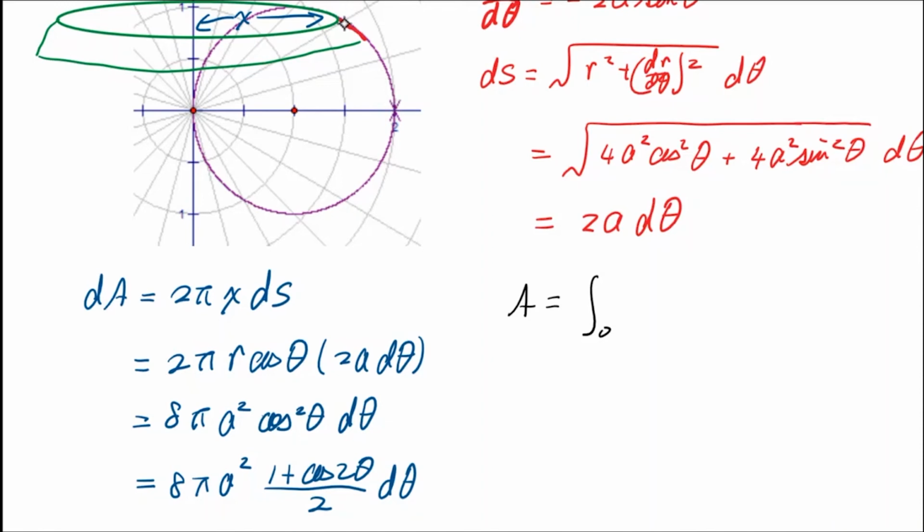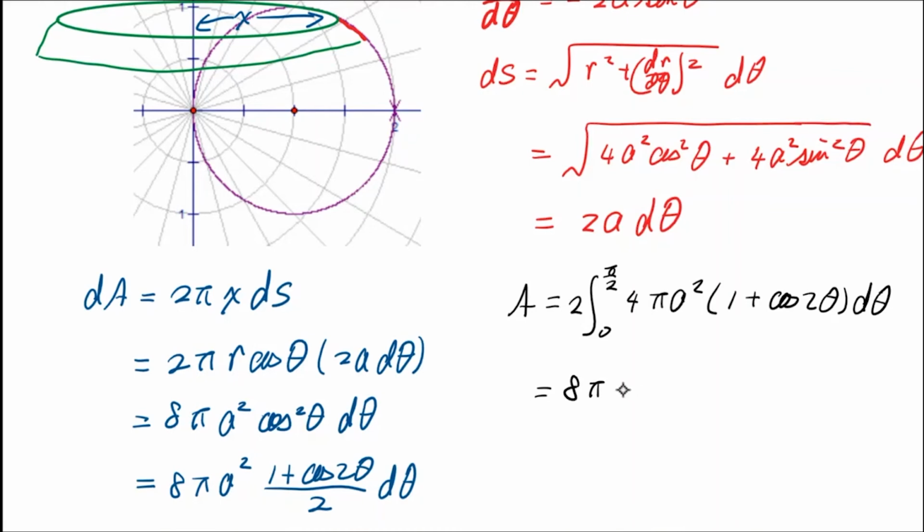At what angle does this cosine theta go into the pole? Pi over 2. Pi over 2, and then we double it, and the 2's can't cancel 8, so we'll have 4. And then we have pi a squared constant, then 1 plus cosine 2 theta, d theta, like that.